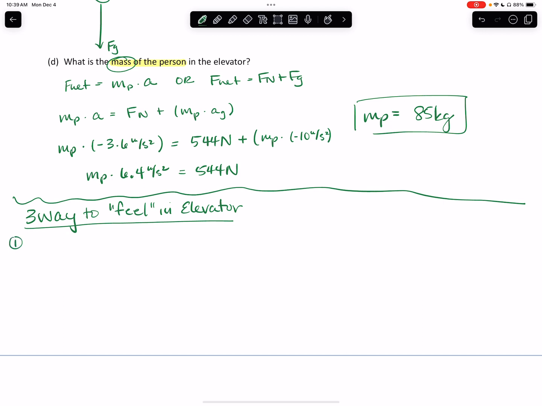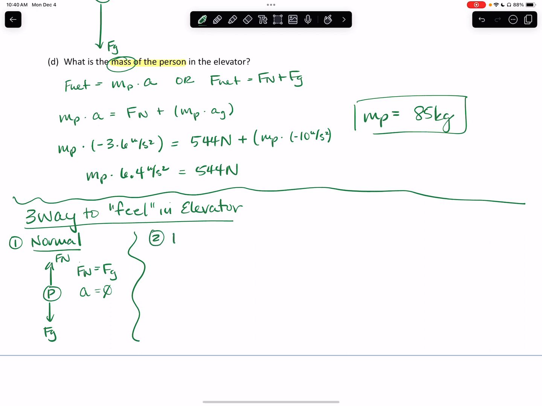One, normal. You feel normal. That means you're standing in the elevator and your normal force and your gravitational force are equal. So Fn equals Fg. When this happens, the net force is zero, which means your acceleration is equal to zero.